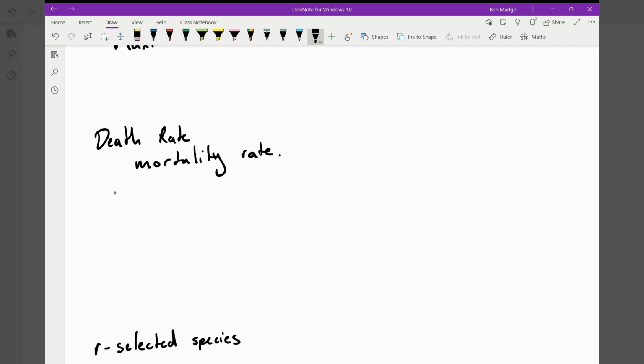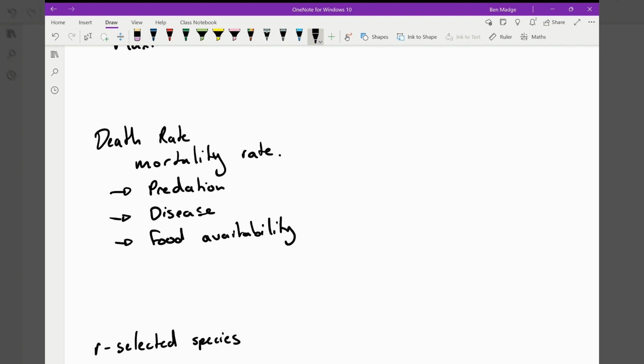And this could be due to things like predation, disease, food availability, those sort of factors will affect the death rate.